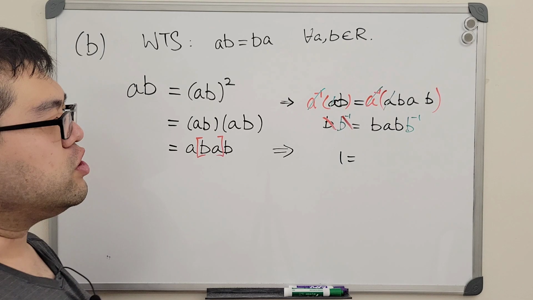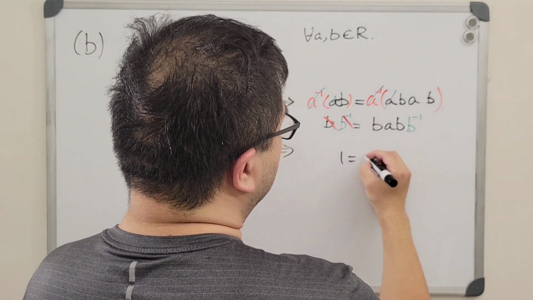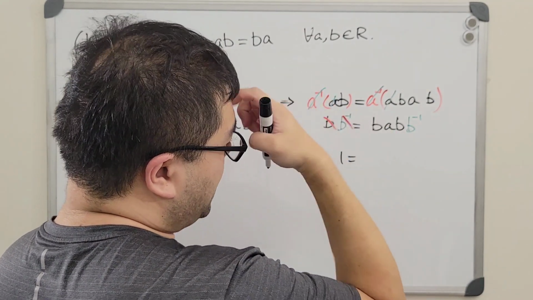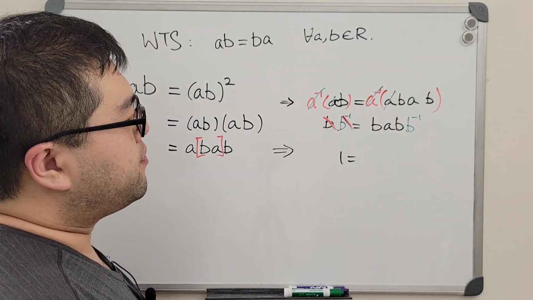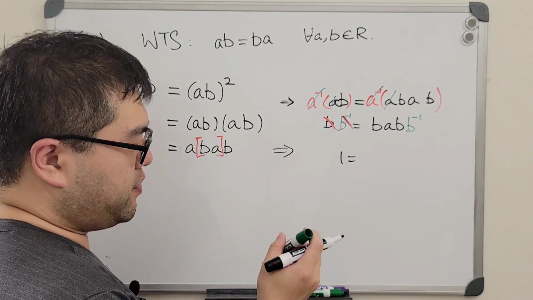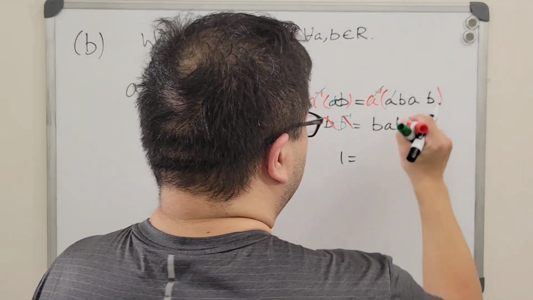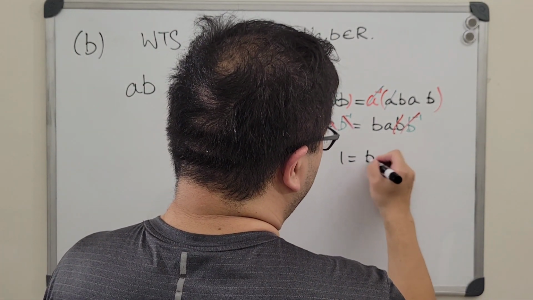So what we are going to prove is, we want to put it on the right side, such that now we will be able to cancel out the B and B inverse here to get that 1 is actually equal to BA.